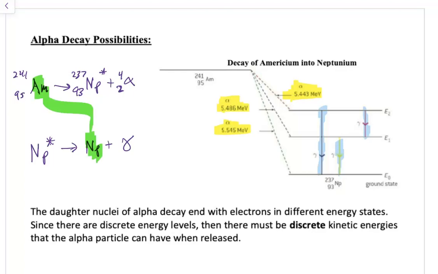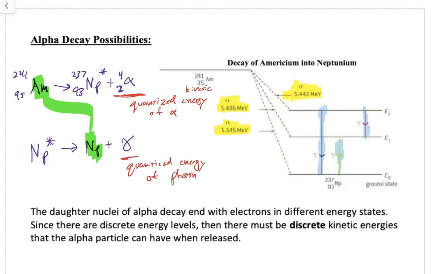That amount of energy is made up by the quantized energy, specifically the kinetic energy of the alpha particles, and the quantized energy of the photon that's being released from the atom.